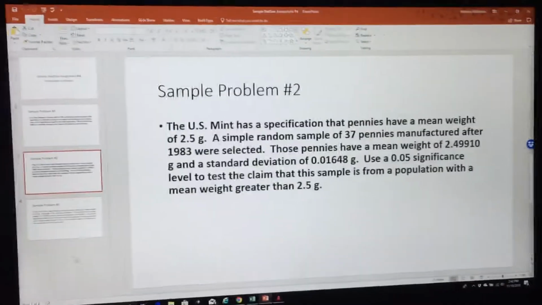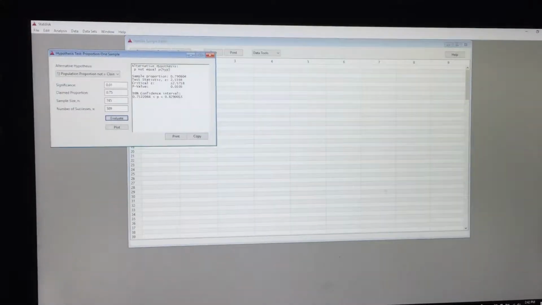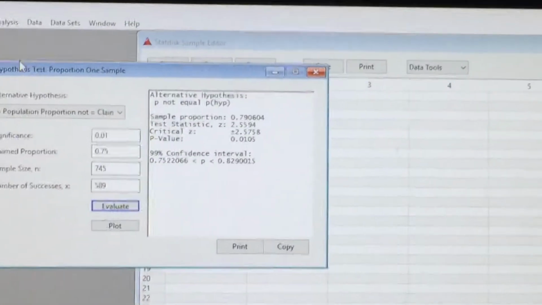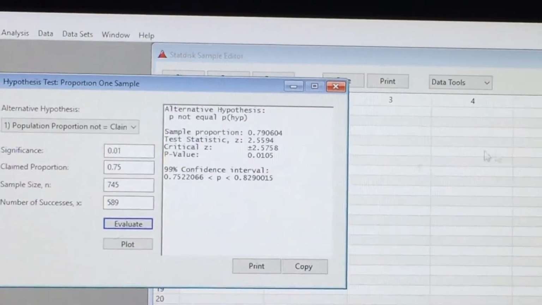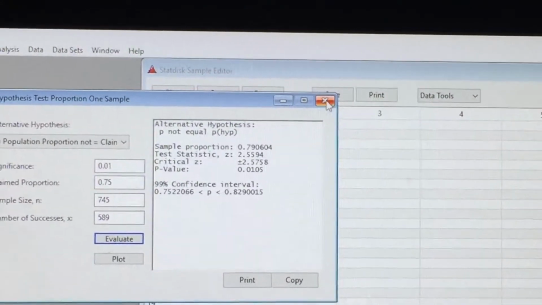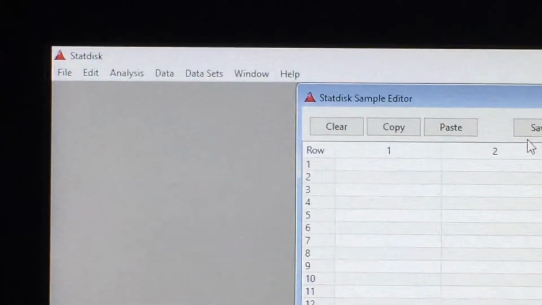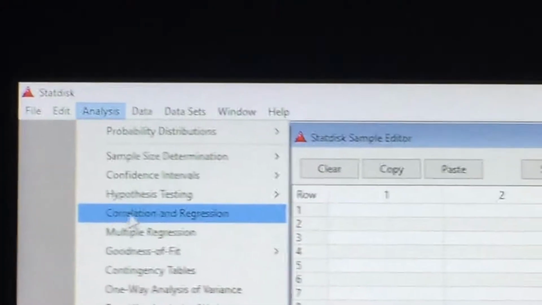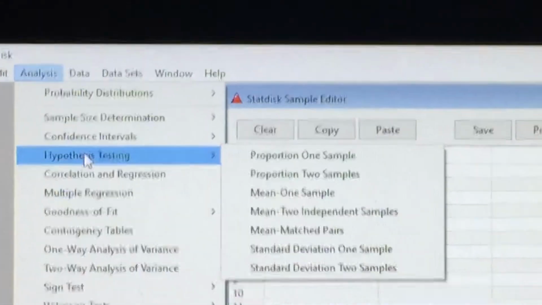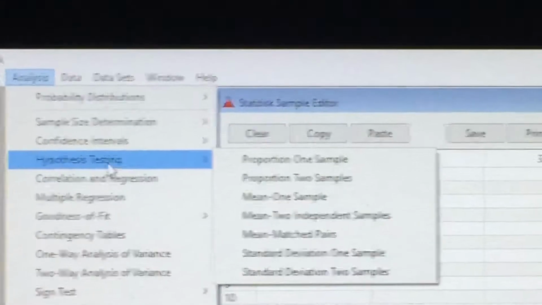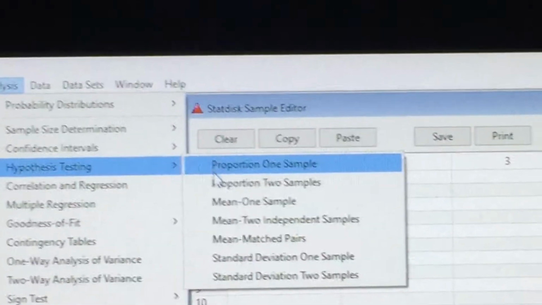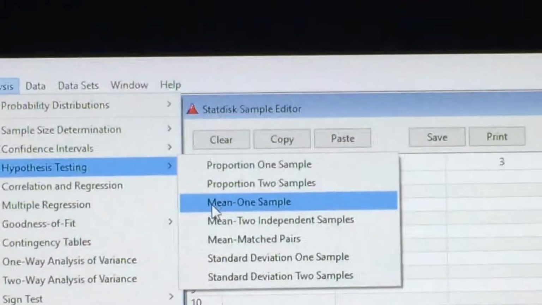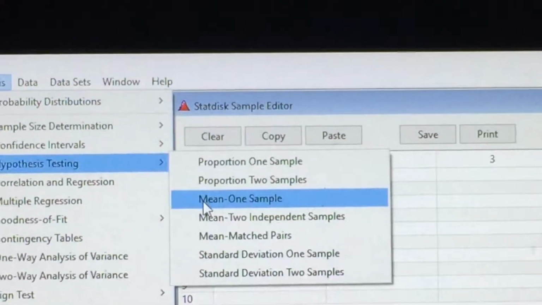Okay, so now let's go back to our StatDisk. And I'm going to go ahead and close out this window here. Then we're going to go to Analysis, go to Hypothesis Testing. Now this time we're testing a claim about a population mean, so we want to select the menu item that says Mean 1 Sample.